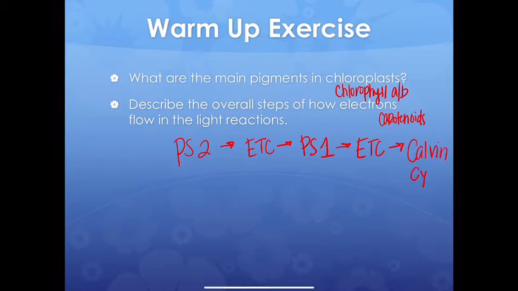That's the basic flow of how things are moving around. Once they are in this intermediate step, they're picked up by NADPH to take them to the Calvin cycle. So those are the very basic steps.